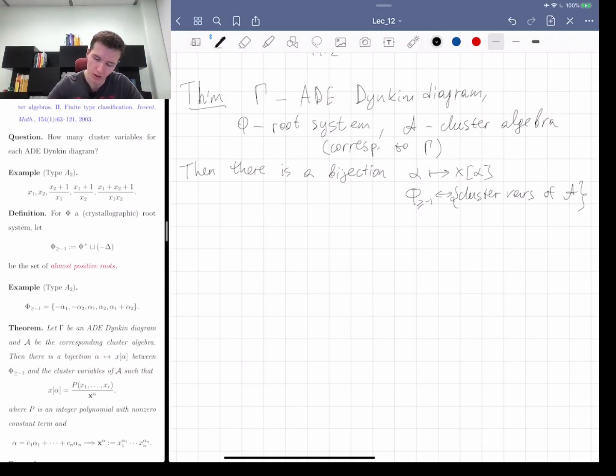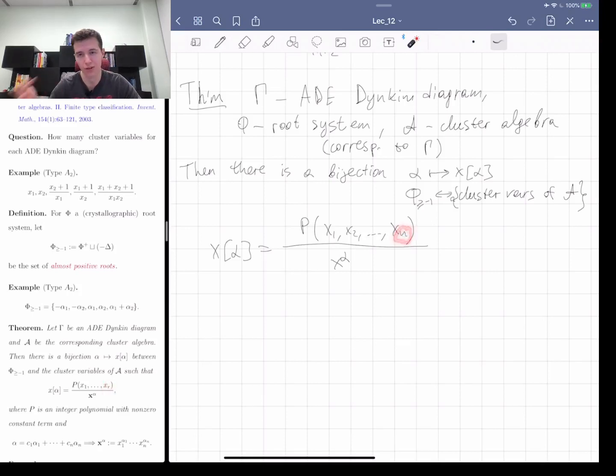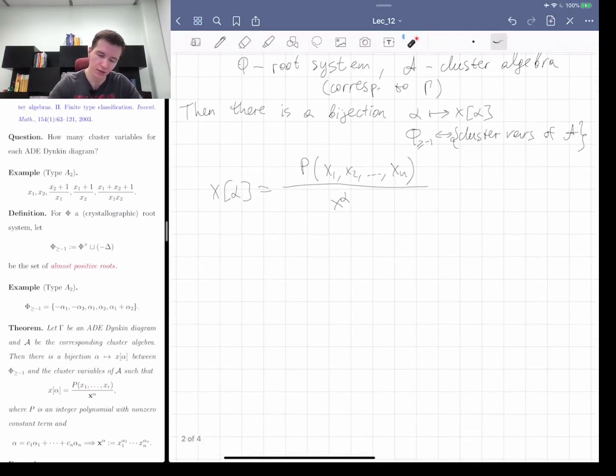And so I have to define x brackets alpha. I'm not going to say exactly what it is, but I'm just going to say that x brackets alpha is the only cluster variable that can be written as x to the alpha, some polynomial in x1, x2, all the way up to xn. n is usually the number of mutable variables, so I'm going to fix n to be that letter.